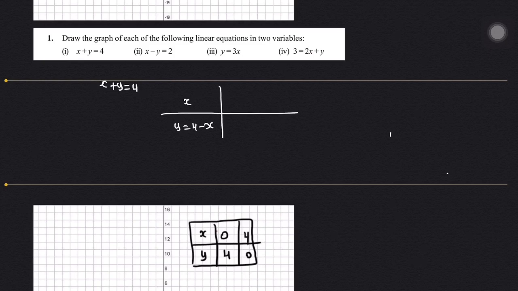Now I substitute the value x is equal to 0. The value of y is equal to 4 minus 0, which is 4. Then next, I substitute the value of x is equal to 4. That means 4 minus 4 is equal to 0. So this is a point.